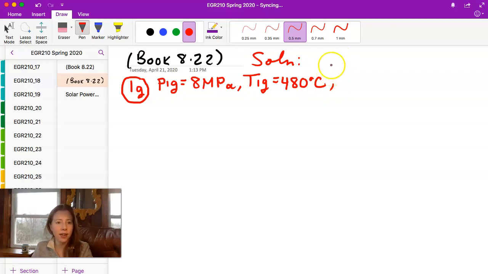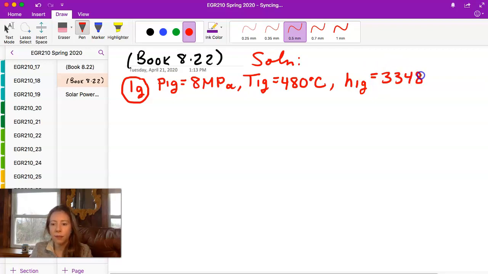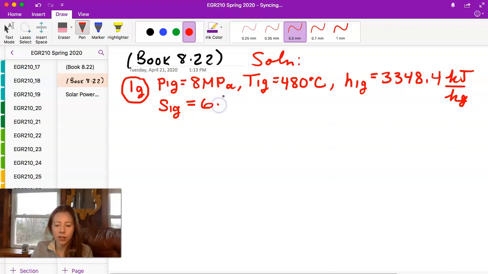So if we look at table A4 in our textbook, which is for superheated vapor, we can just look up that the enthalpy is 3,348.4 kilojoules per kilogram, and that the entropy here is going to be 6.6586 kilojoules per kilogram Kelvin. All right, so one down, many more to go.